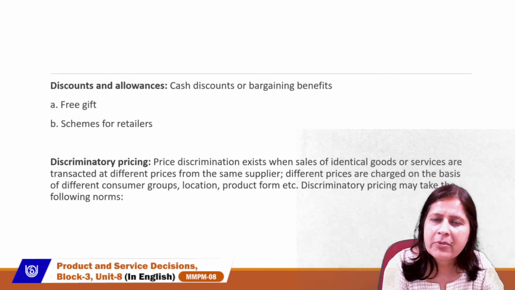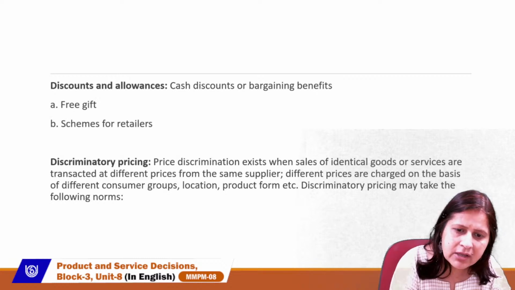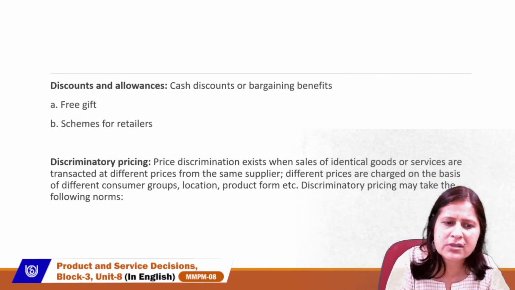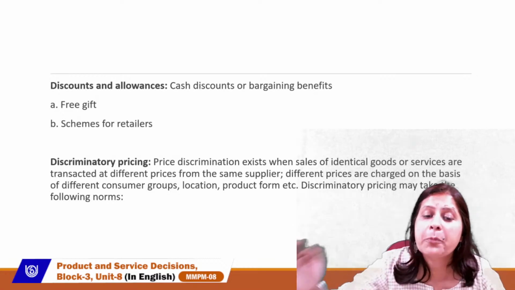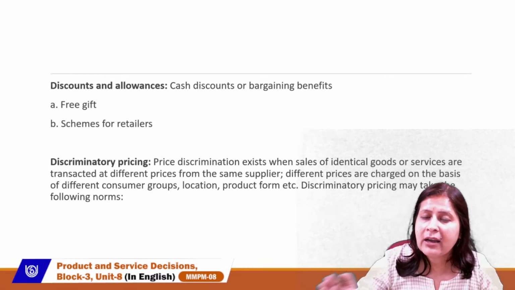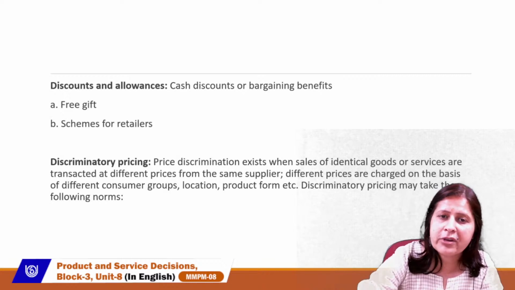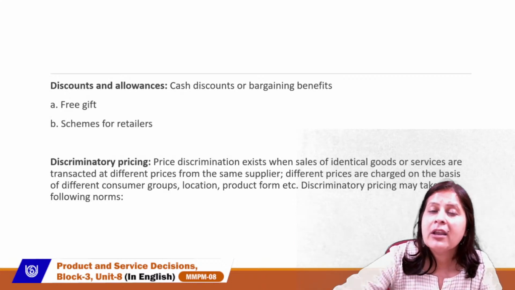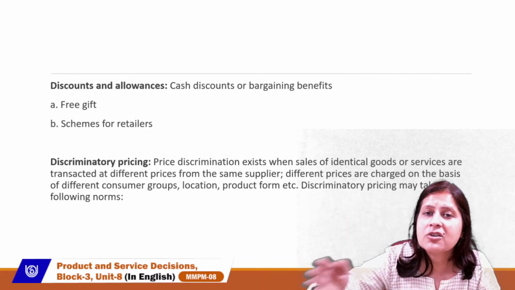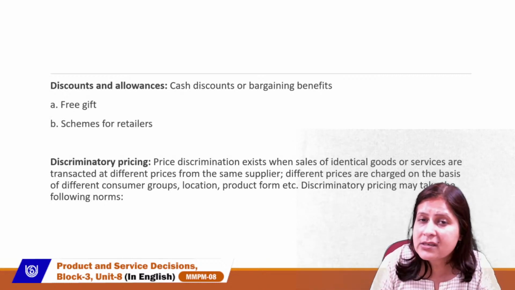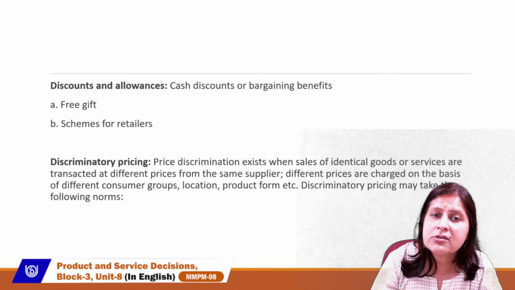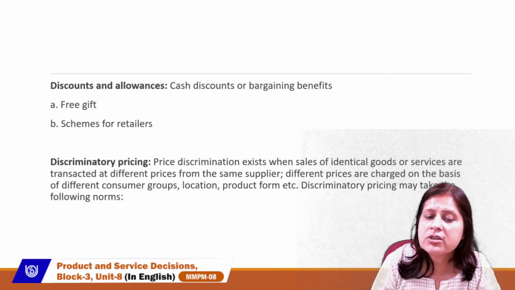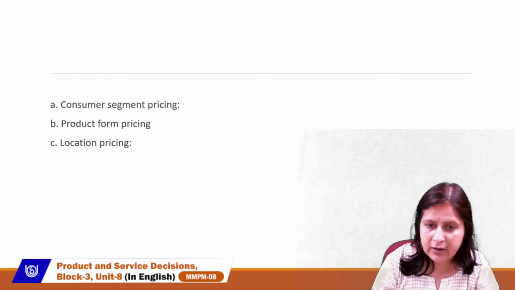So discriminatory pricing is when you are offering the same type of product, or identical goods or services, at different prices. On what basis? You can charge different prices on the basis of the consumer group, the location, the product.